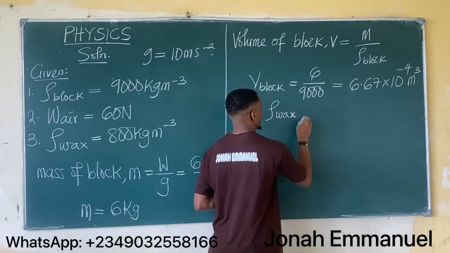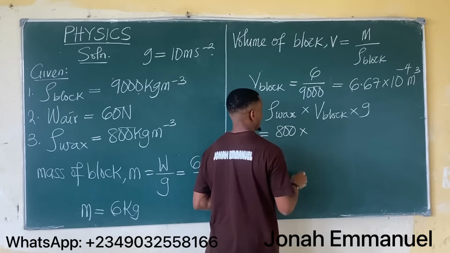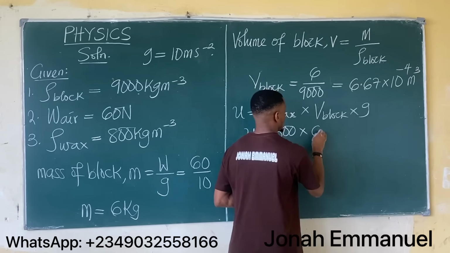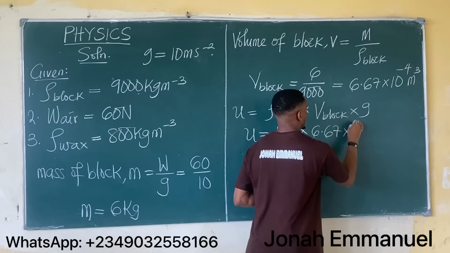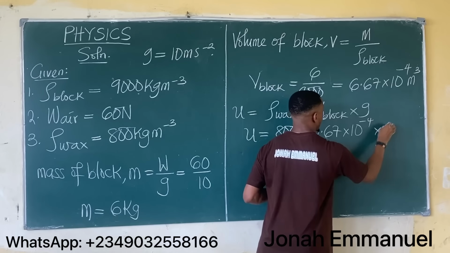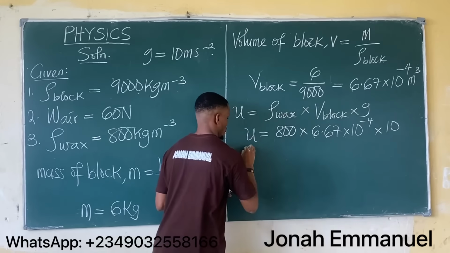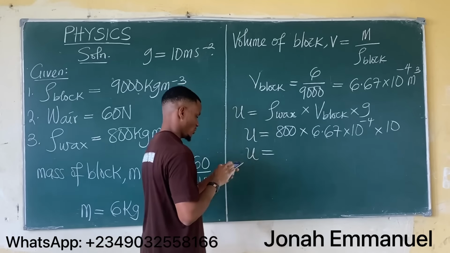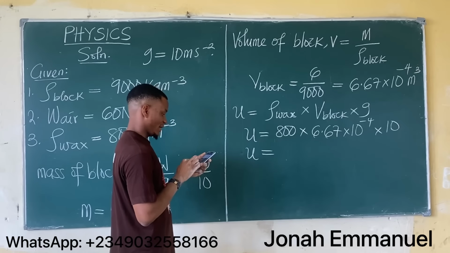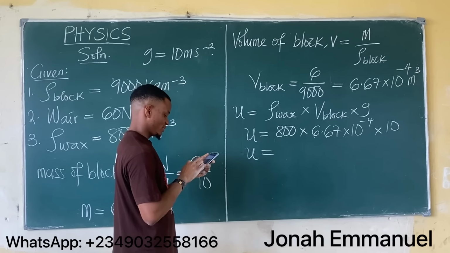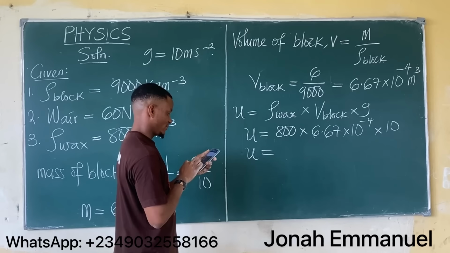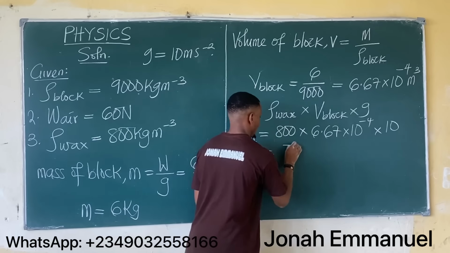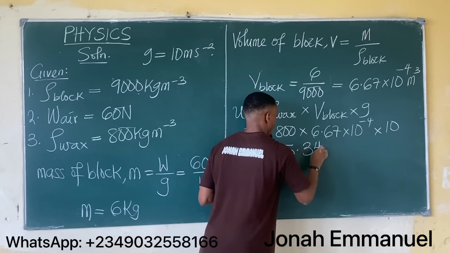So upthrust is equal to density of paraffin wax, 800, times volume of block, 6.67 times 10 to the power minus 4, times gravity, 10. So the upthrust is equal to 800 times 6.67 times 10 to the power minus 4 times 10. That gives you 5.34 Newton to 2 decimal places.